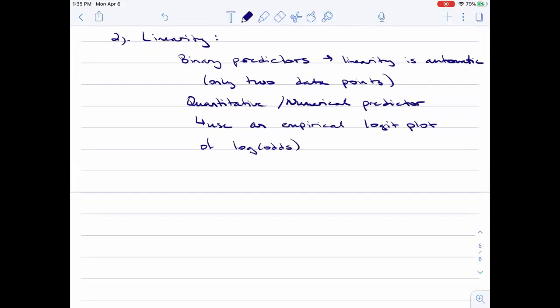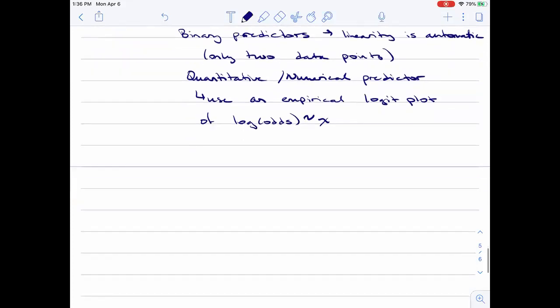You can get the log odds against X and check for linearity.